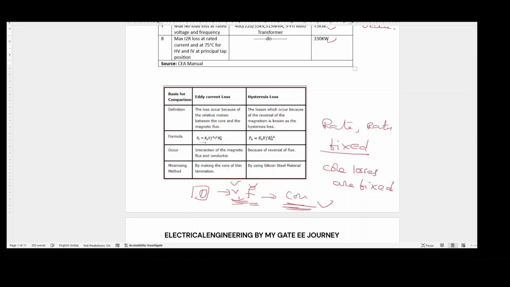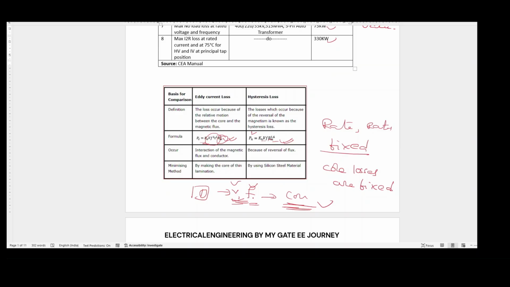You can see this is the eddy current loss formula, where it is dependent on frequency and Bmax, which is indirectly dependent on voltage. Likewise, hysteresis loss is also dependent on frequency and voltage. That is the reason why, if an Indian transformer designed for a certain frequency is used in America, the core losses will change.